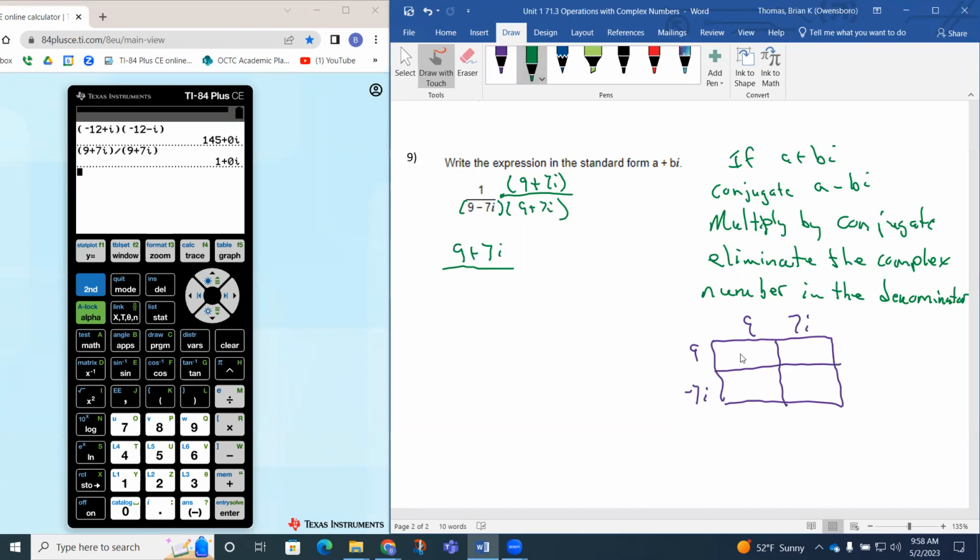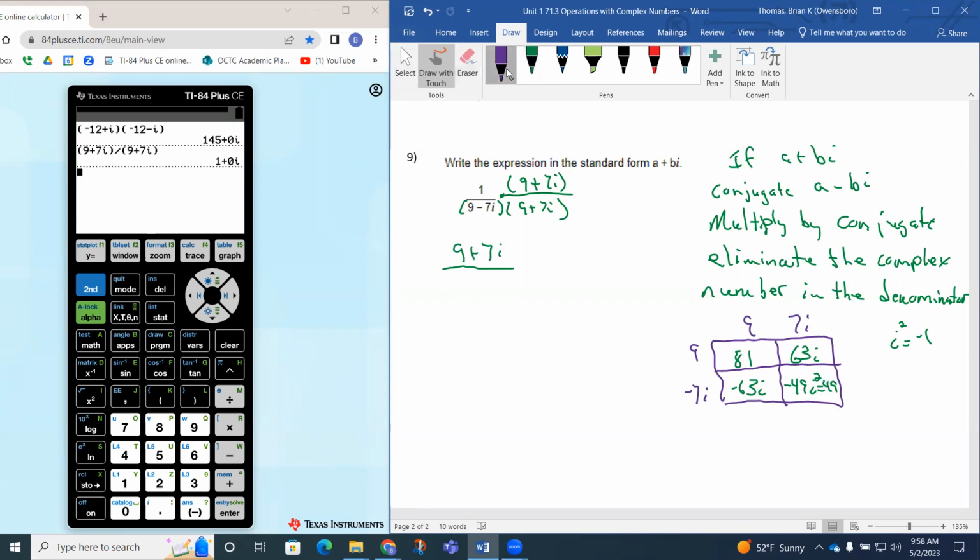So 9 times 9, notice how that's going to be an 81. 9 times 7i is going to be 63i. Negative 7i and a 9 is going to be negative 63i. And negative 7i and a 7i, that's going to be a negative 49i squared. But remember, i squared is equal to a negative 1. So this really means a negative 49 times a negative 1, which is actually going to be a positive 49.